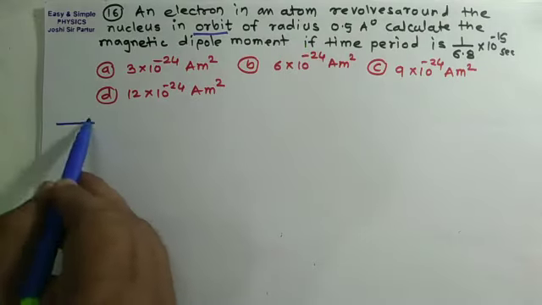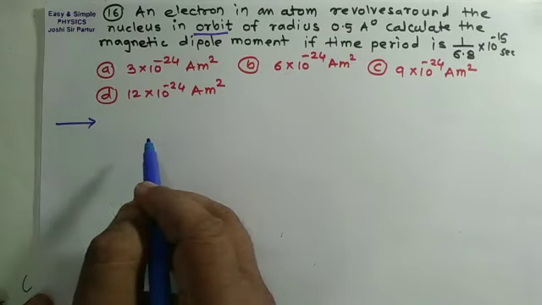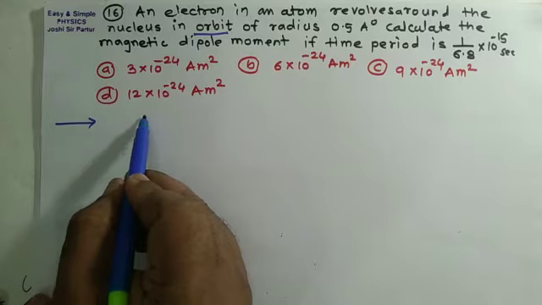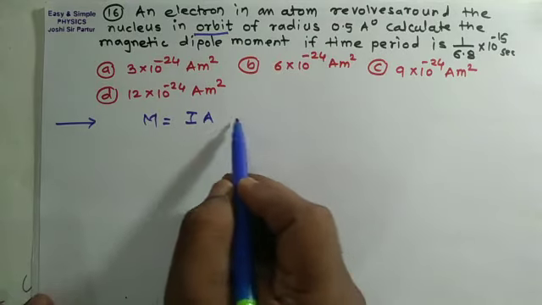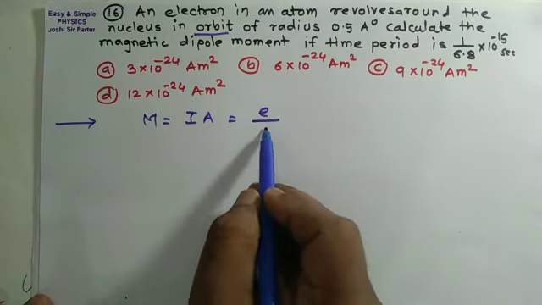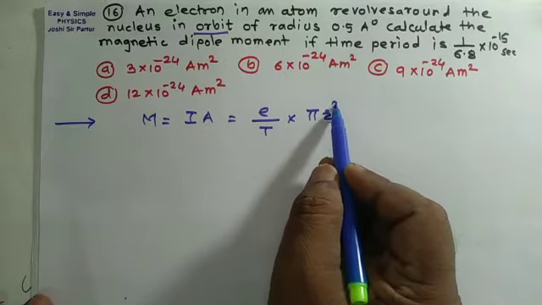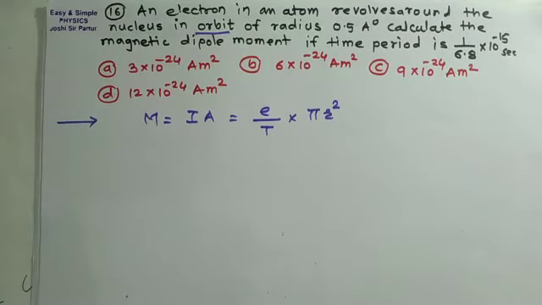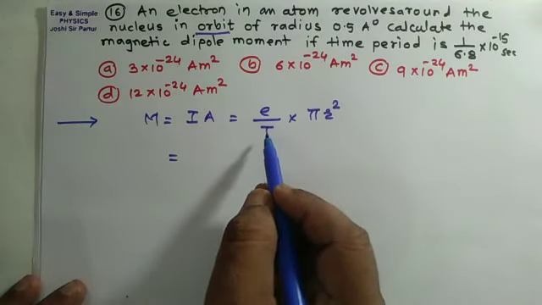So here we can use the formula: magnetic moment is equal to IA, which is charge upon time multiplied by pi r square, because the electron is rotating in an orbit.